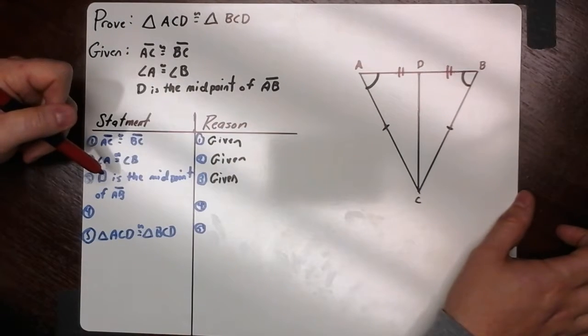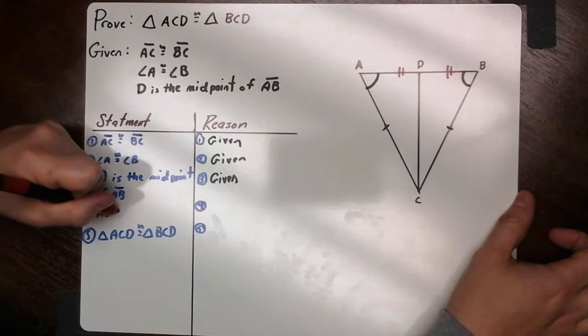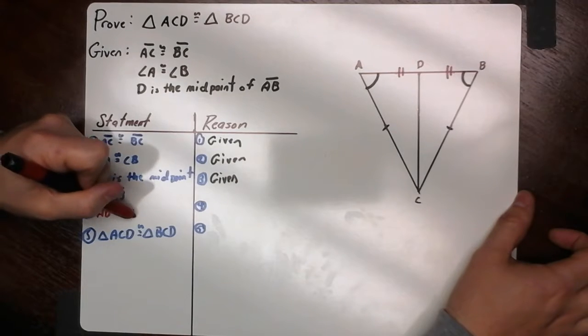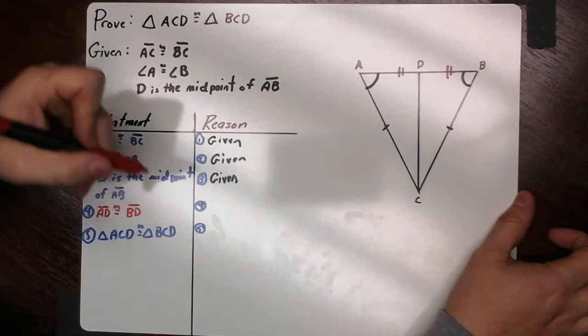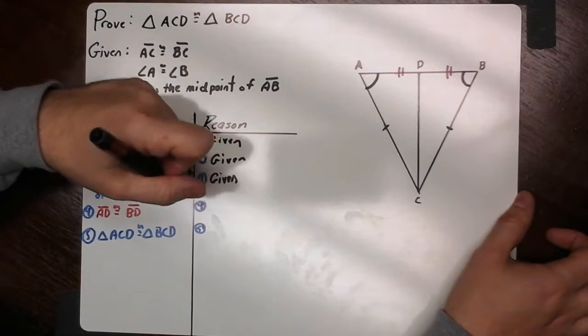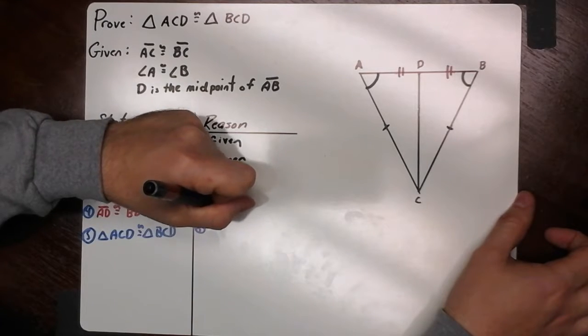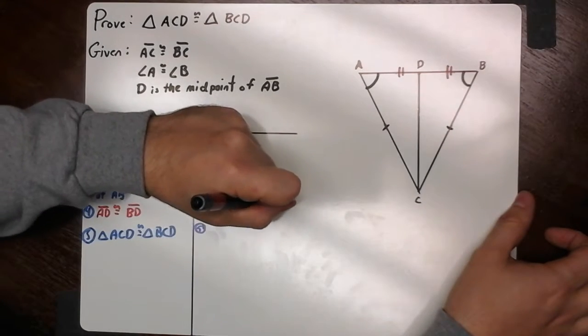So I can say now that AD is congruent to BD, because of this. Typically that's written as the midpoint property.